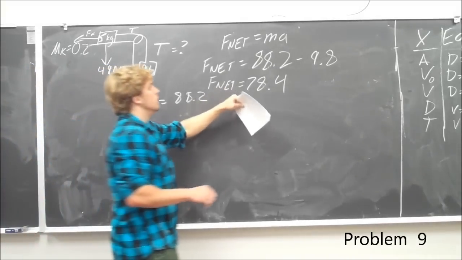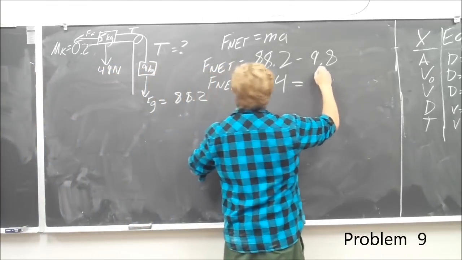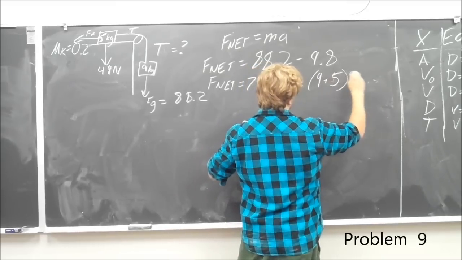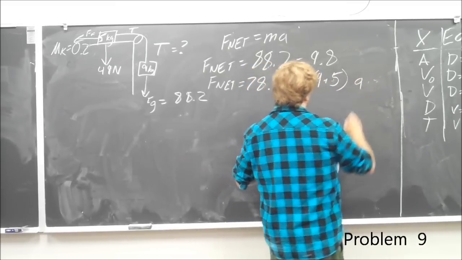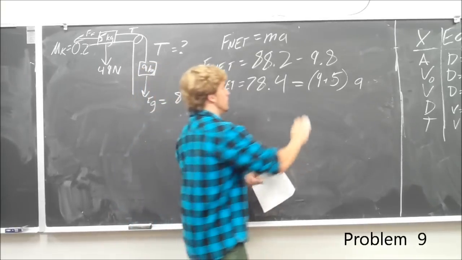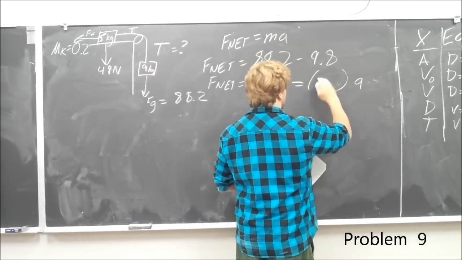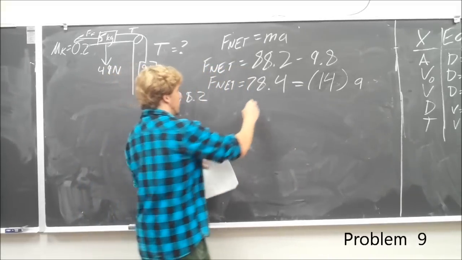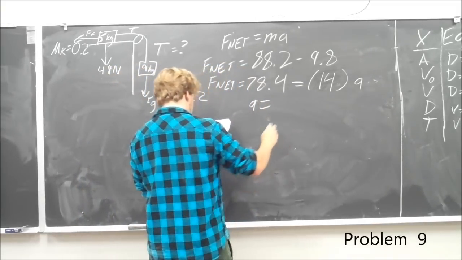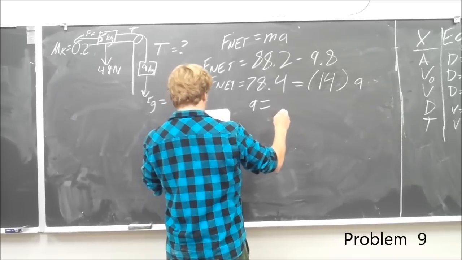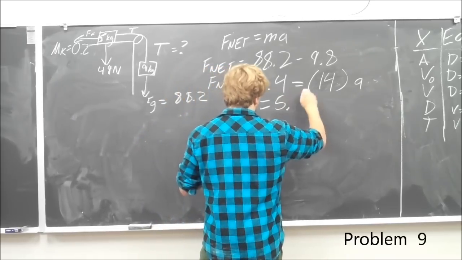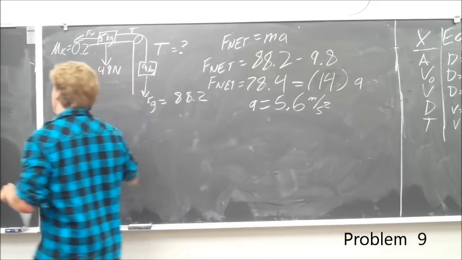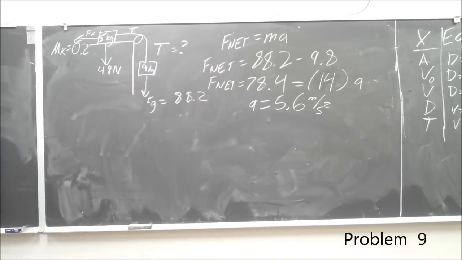So we know that this is equal to 9 plus 5 kilograms times a. That ends up being 14, so acceleration will be 5.6 meters per second squared. That's how fast this guy is going down and this guy is going to the right.